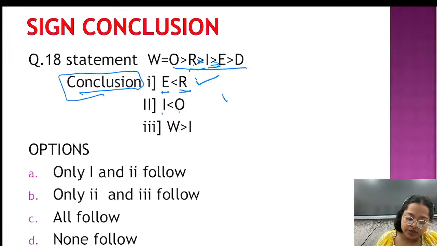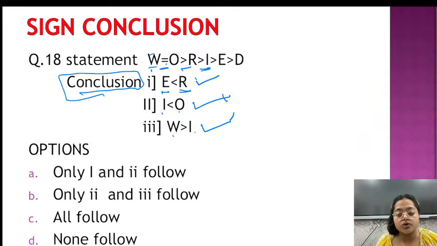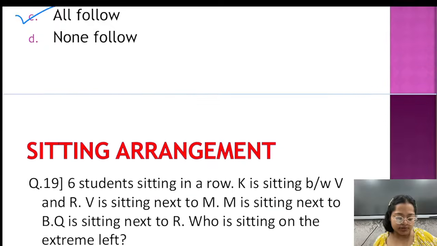I is smaller than O. I is here and O is here. Okay, so the sign is towards the O, so this statement is also correct. Now W is bigger than I, so I is here, W is here. So all signs towards the W are equal to. Okay, so this statement is also correct. So we have to find the option that follows all. So option C would be the correct answer.